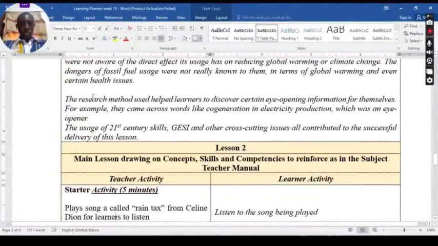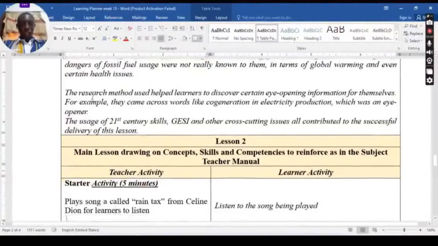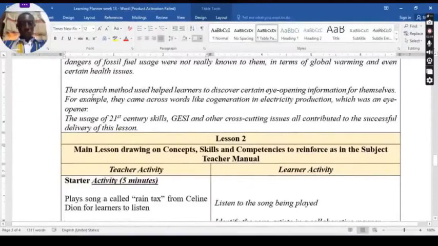The research method used helped learners to discover certain eye-opening information for themselves. For example, they came across words like cogeneration in electricity generation, which was an eye-opener. The usage of 21st century skills, GC, and other cross-cutting issues all contributed to the successful delivery of the lesson. Alright, so this is how reflection goes.